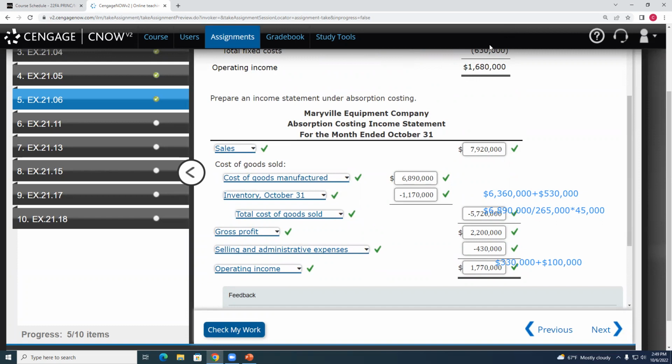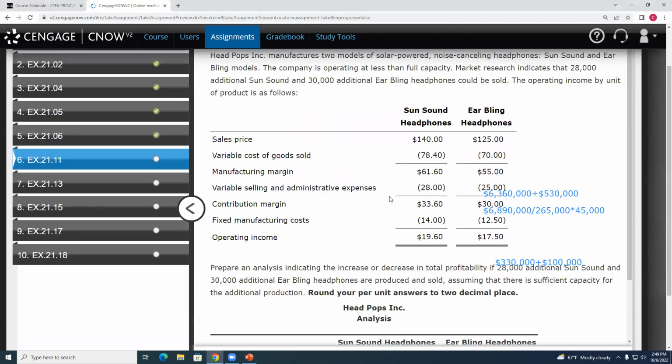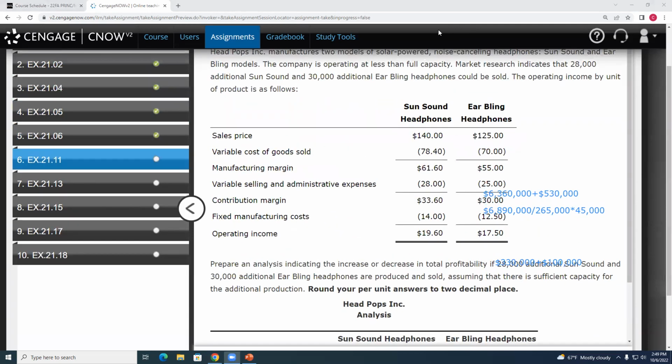Okay. We have a nice little bit of time left, so even though we have completed 5 of our exercises, let's go ahead and move on to exercise 6.